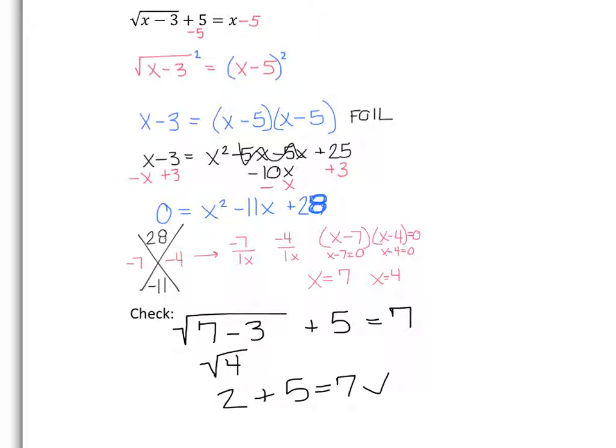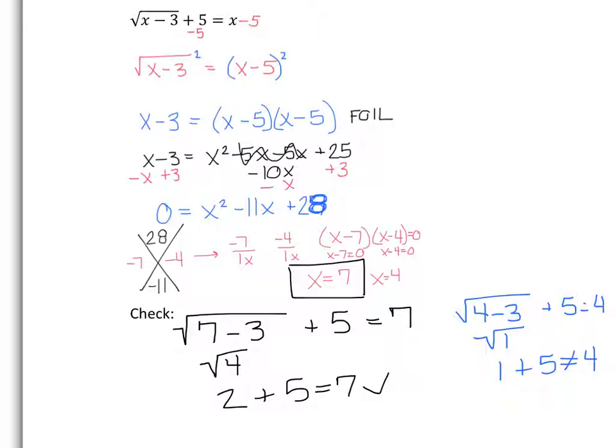Okay, so we know that one works. Let's try the other one. This one will be square root of 4 minus 3 plus 5 should equal 4. 4 minus 3 is square root of 1. That's 1 plus 5. That does not equal 4. So that one is not an answer. Just x equals 7 is your answer.